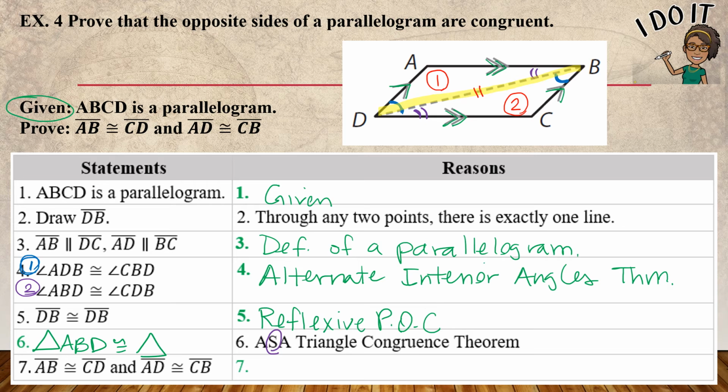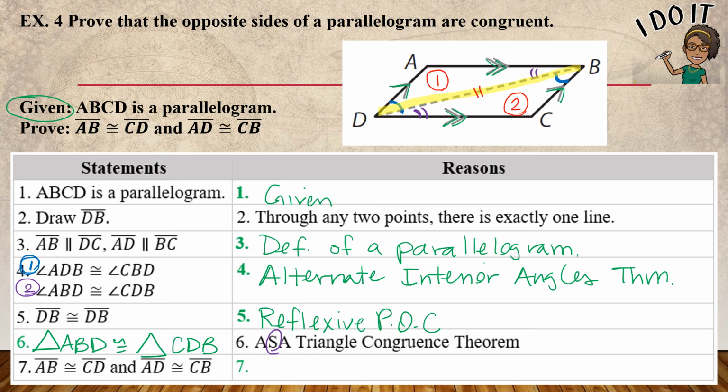So the second triangle would be named CDB. So triangle ABD is congruent to triangle CDB because of the ASA triangle congruency theorem. We have two corresponding angles with an included side that's also congruent to show that these two triangles are congruent.